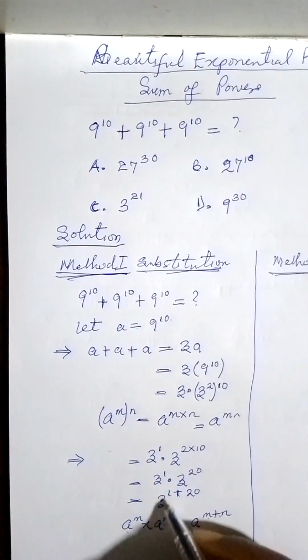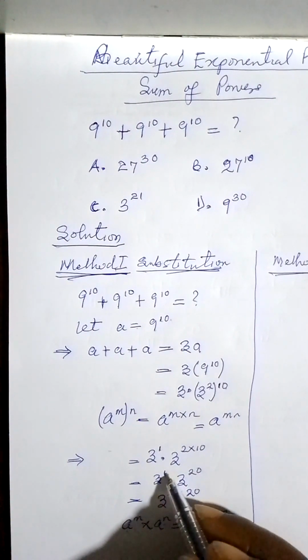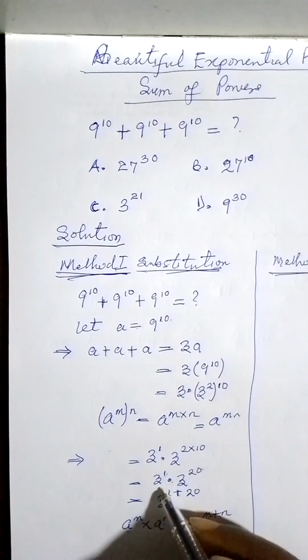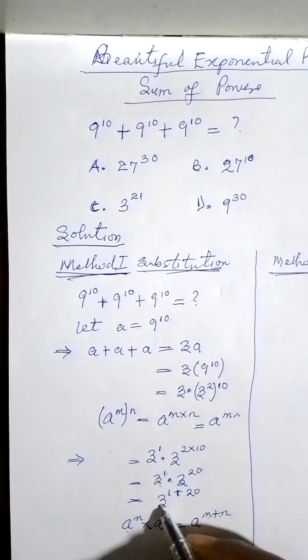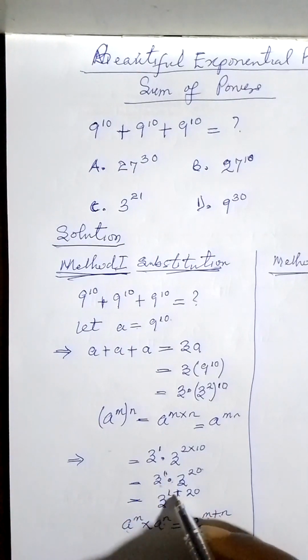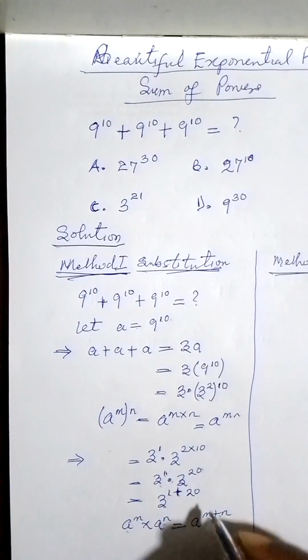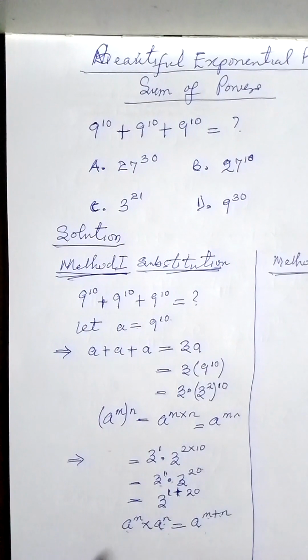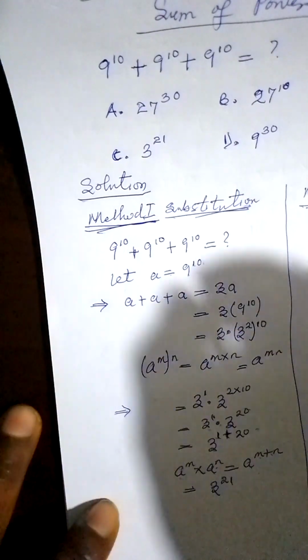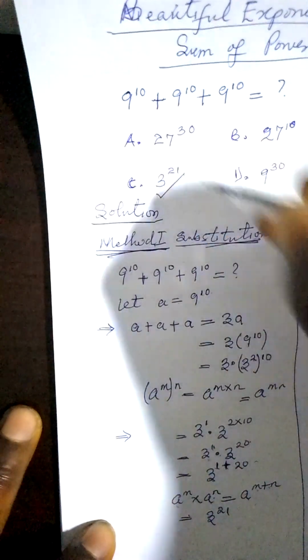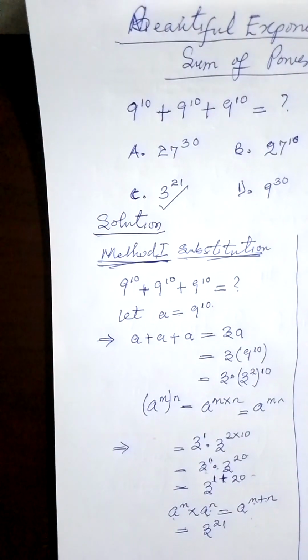So in this case now, the 3 to the power of 1 multiplied by 3 to the power of 20, we have the common base of 3, and we take the common base, and of course we add the 2 indices, which is 1 plus 20, and what that will give us is 3 to the power of 21. That confirms to us now that the answer to this is option C.